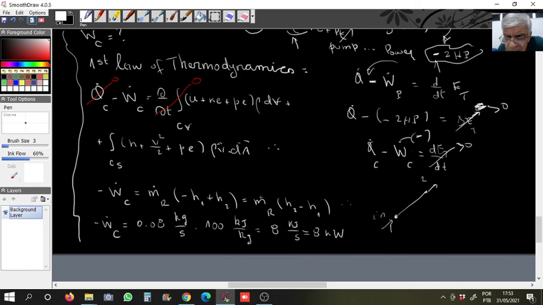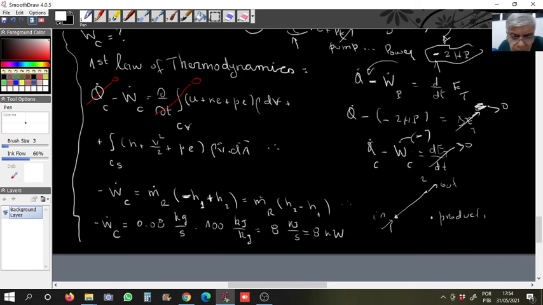This in, this out. Why is this important? Because of the dot product. In the inflow I have negative. That's why, look how it fits now. This minus here is because I have inflow at 1. This plus here is because I have outflow. Now there's a flow rate, m dot.